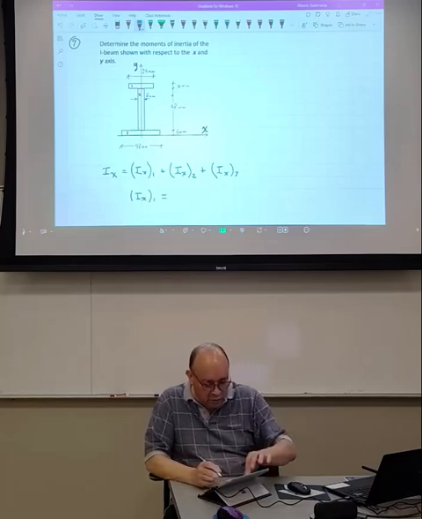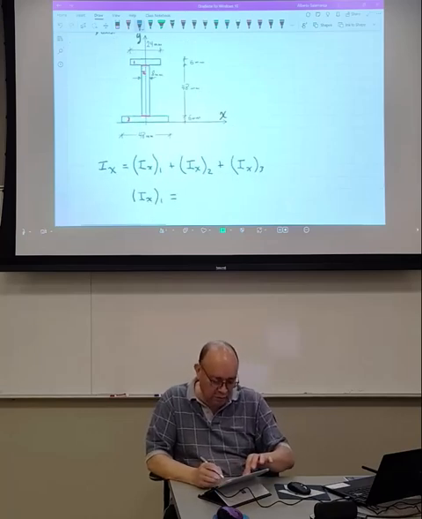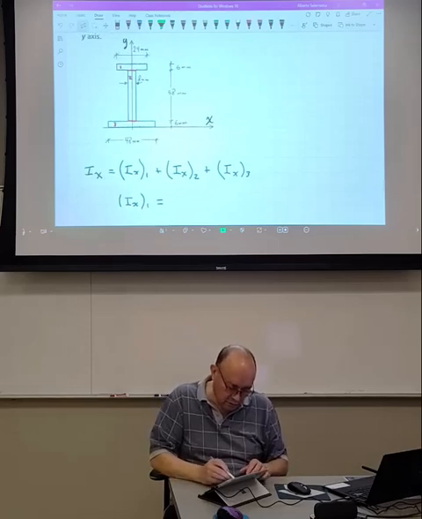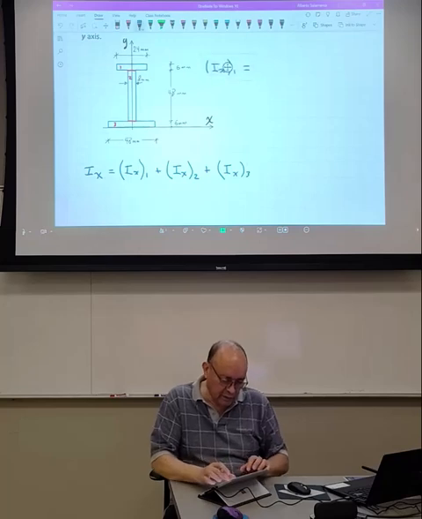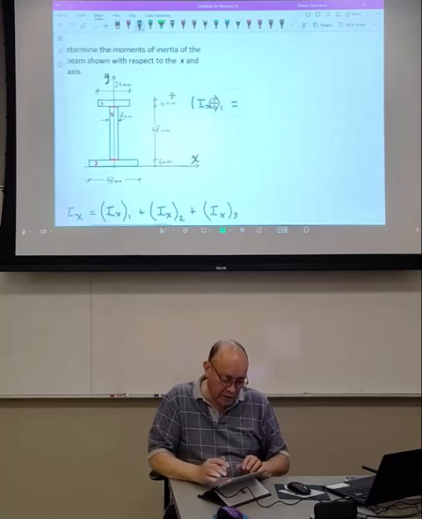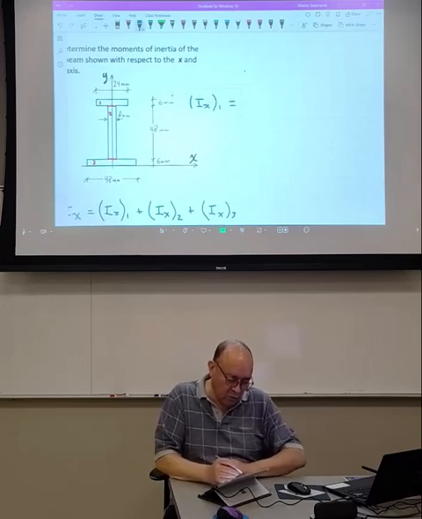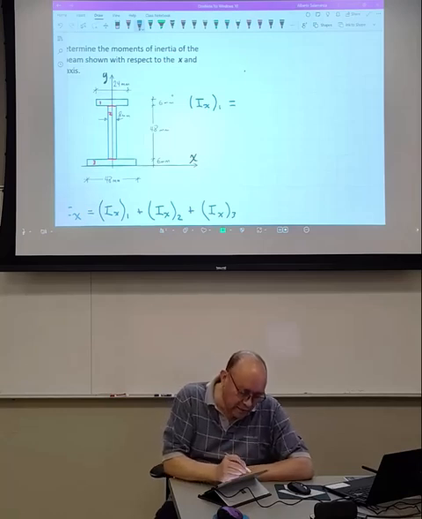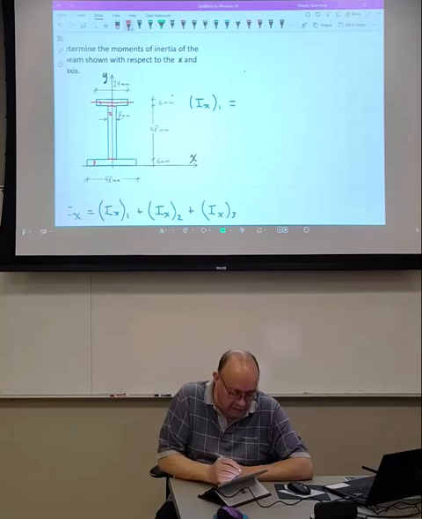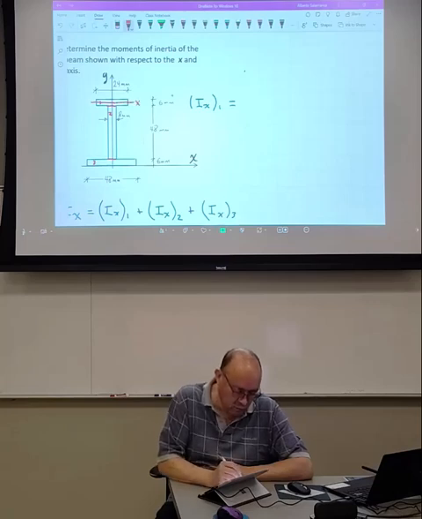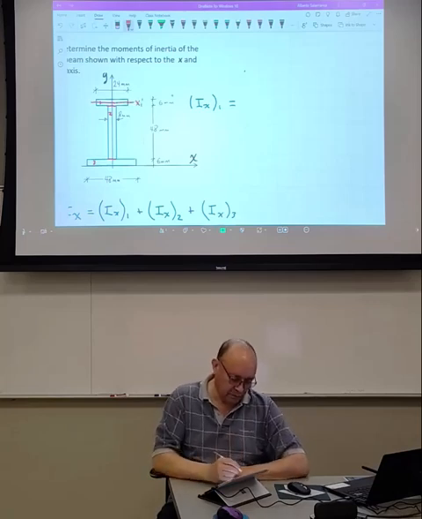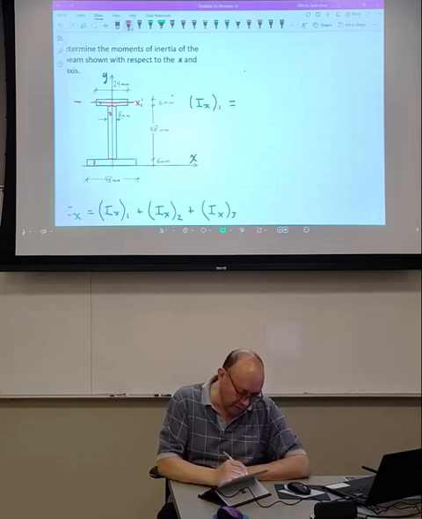How do you do the moment of inertia of figure 1? Well, you calculate the moment of inertia with respect to the local centroidal axis here. Let's call it x1 prime. And then you move it with Ad squared. Let's call this distance d1.